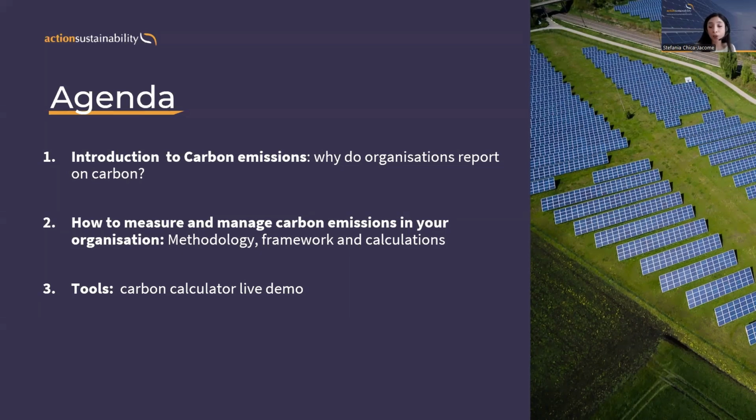Finally, in the last section, we're going to speak about how digital tools can help you in this process. I'm going to focus specifically on the carbon calculator, which is a free platform that we developed at Action Sustainability to help organizations calculate their emissions.